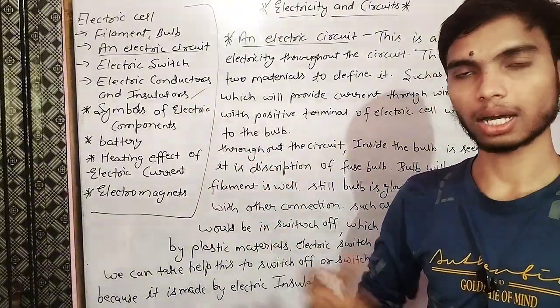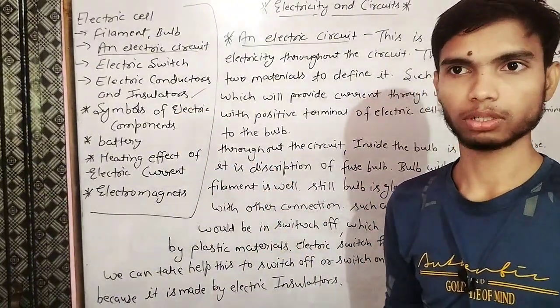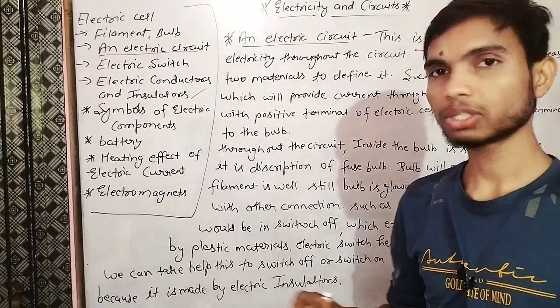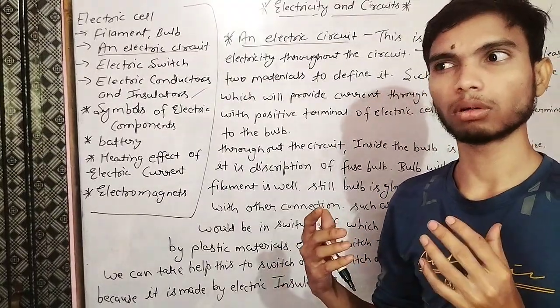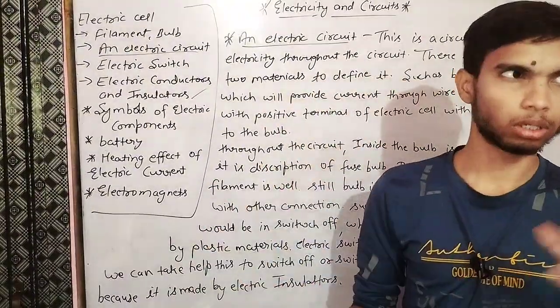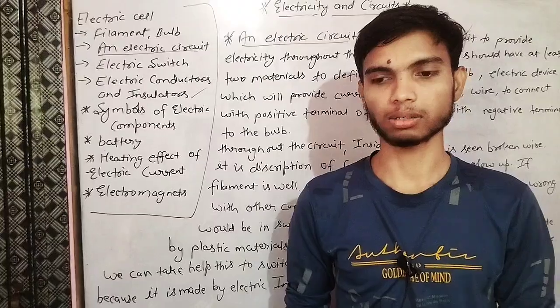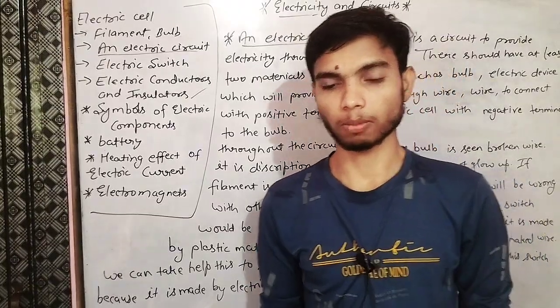Conductors are made by iron, copper, silver, aluminum. But whereas insulators are made of wool, book, marker, plastic.